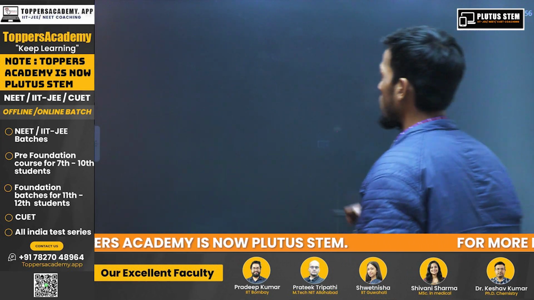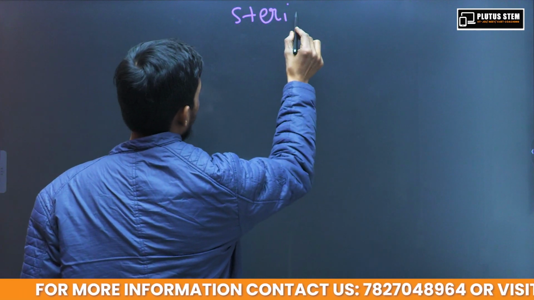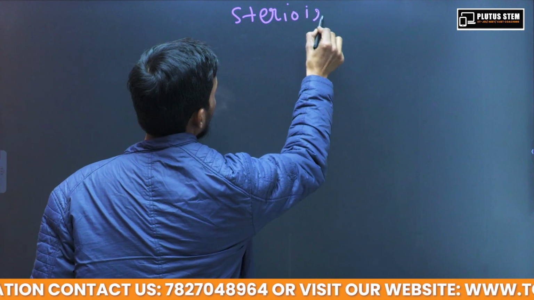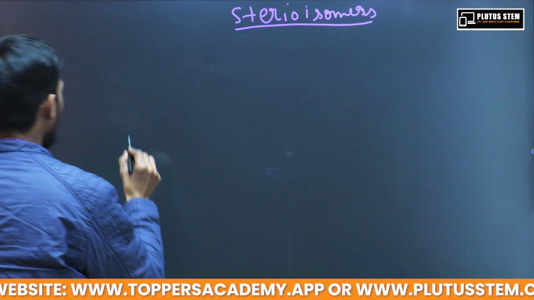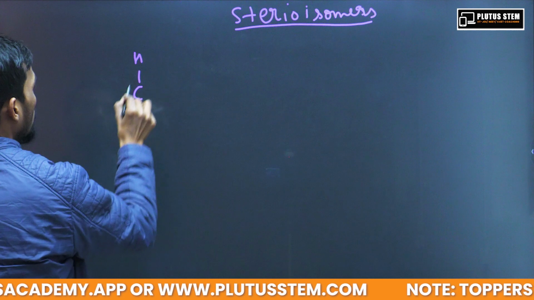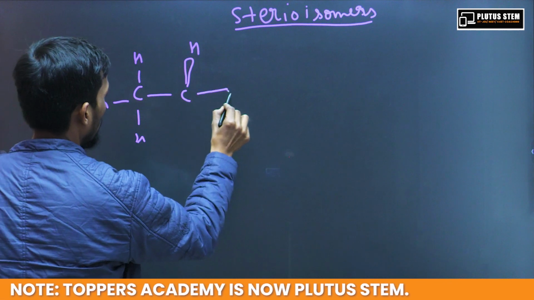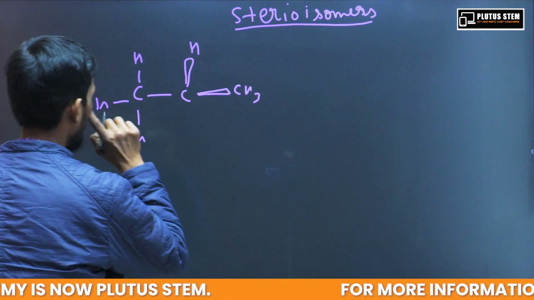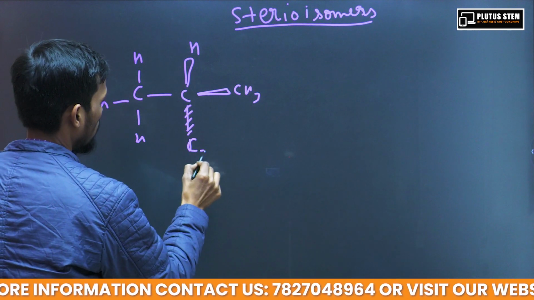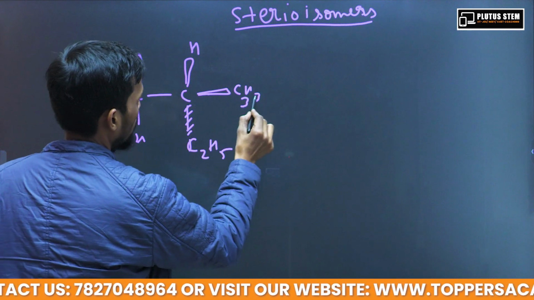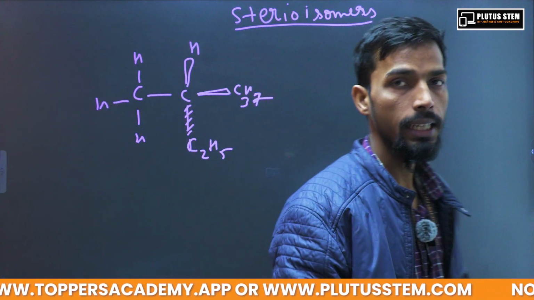But regarding stereoisomers, now coming back to our main topic, stereoisomers or stereoisomerism, what will be special over here? Suppose we have a compound like this: CH3, H, C2H5 and C3H7.